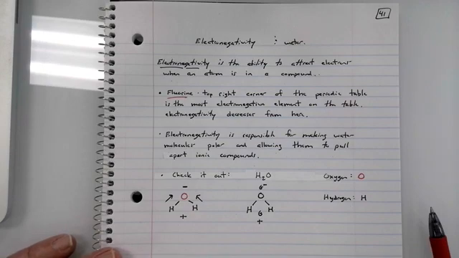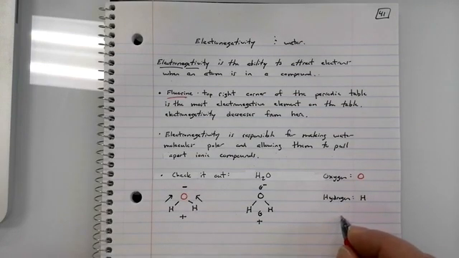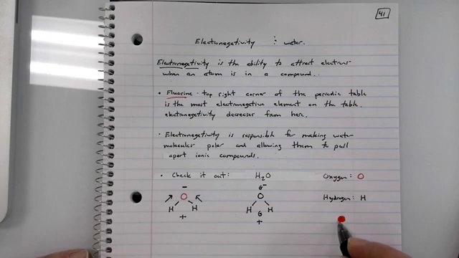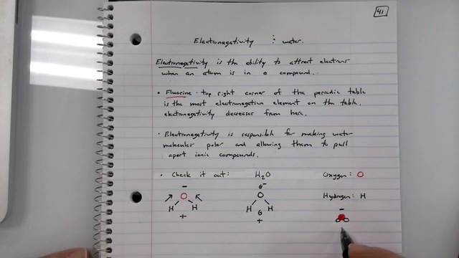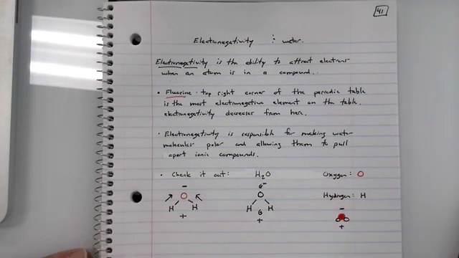Another way they'll represent this is they'll just use circles. They'll use potentially a solid red circle for the oxygen, and 2 gray circles for the hydrogens. And again, they would say that this is the negative end of the polar water molecule, and this is the positive end of the water molecule.